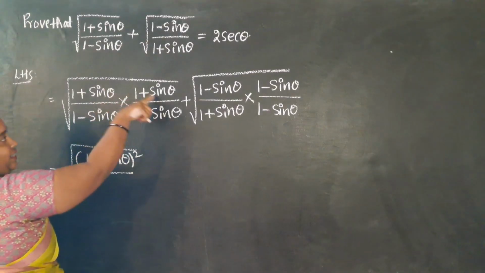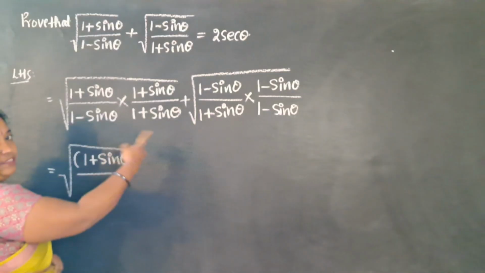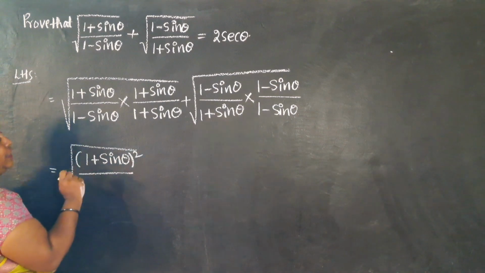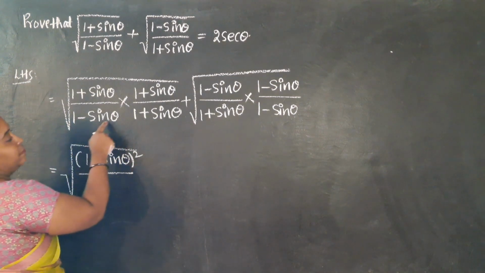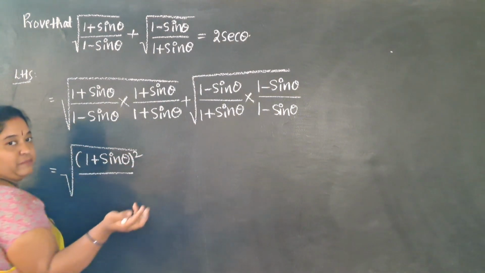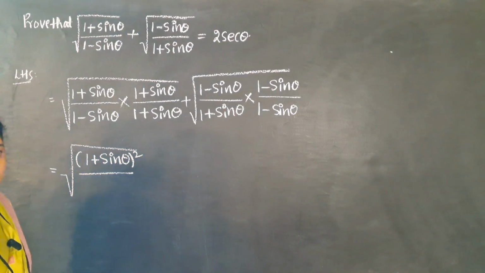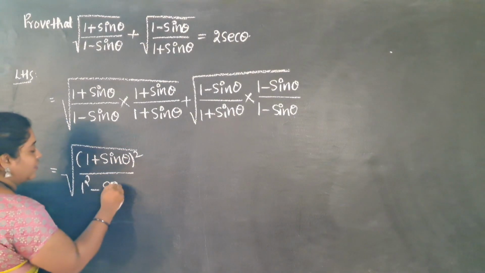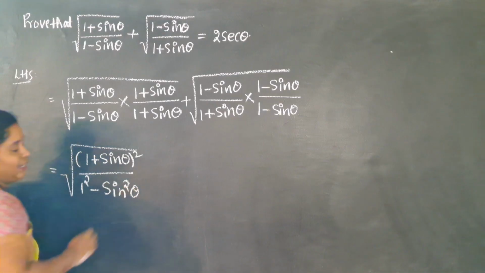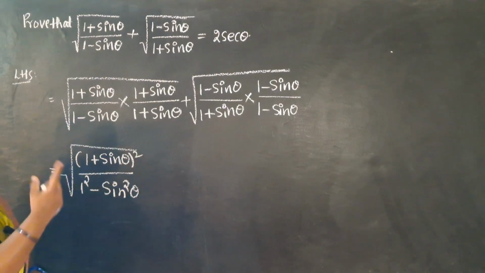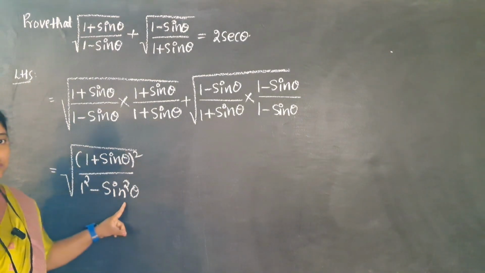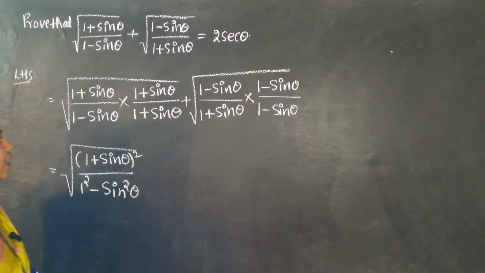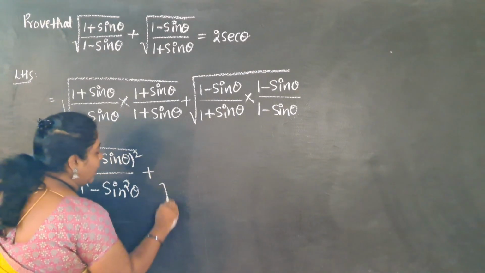Look at the denominator part: a minus b into a plus b is nothing but a square minus b square. So I'll write 1 square minus sine square theta. Plus, simplify the other part.